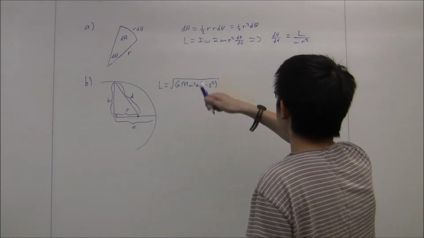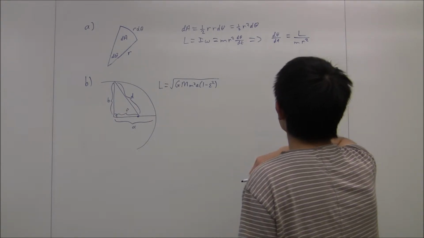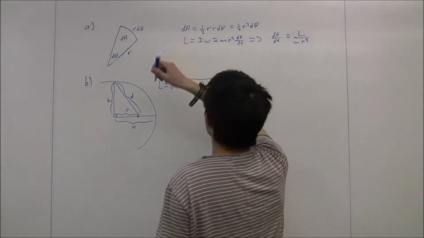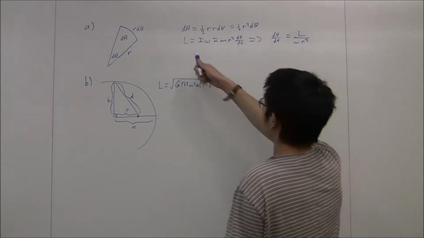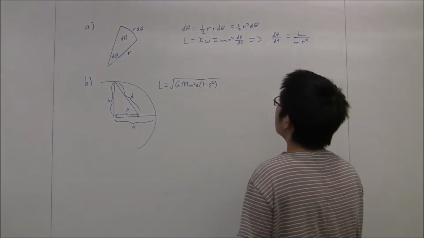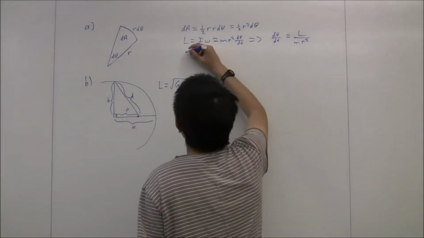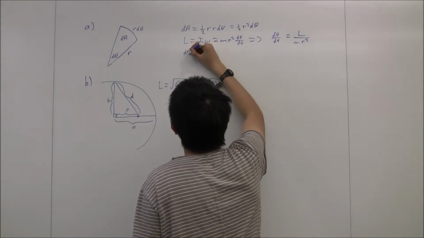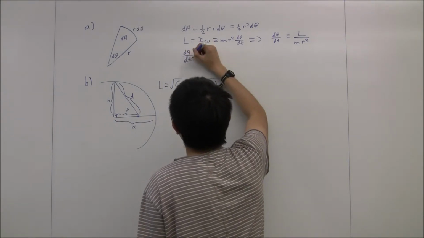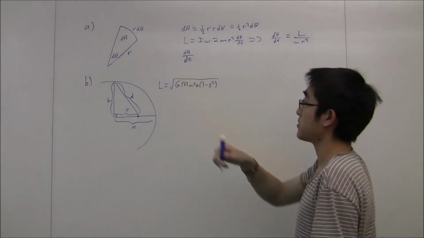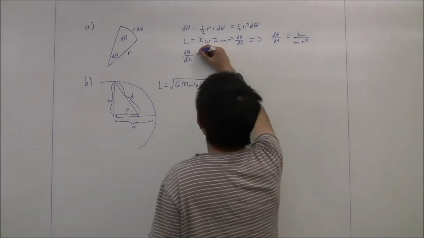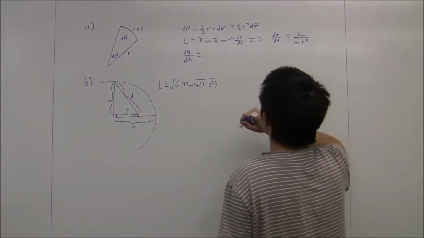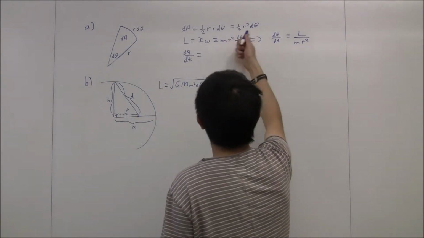Now before we plug that back in, let's take the time derivative of the area dA. So the rate of change with respect to time of the area swept by the radial vector is equal to the derivative of the right-hand side.